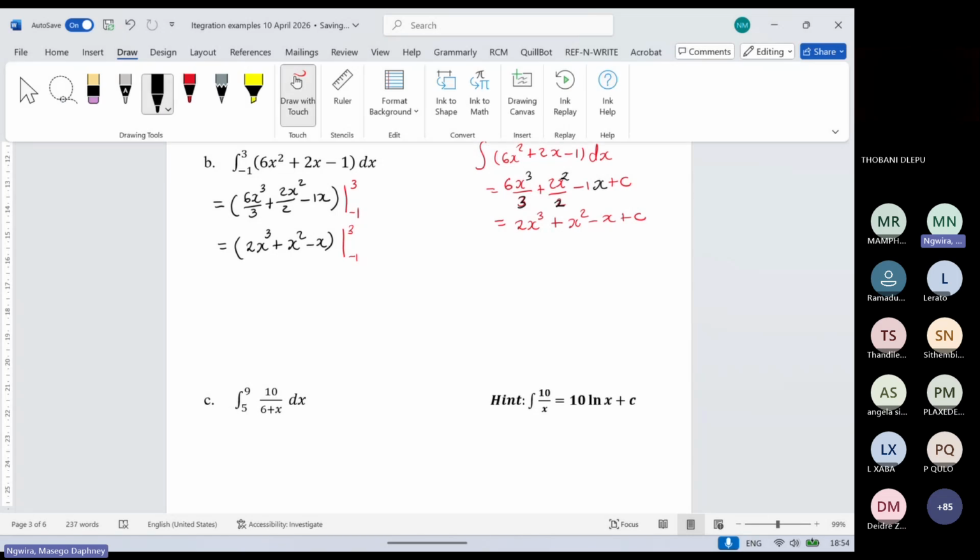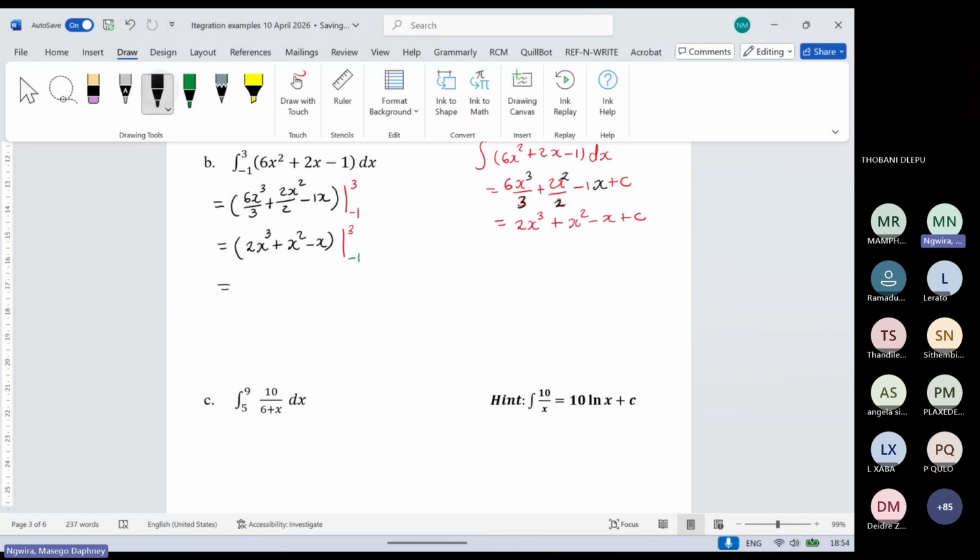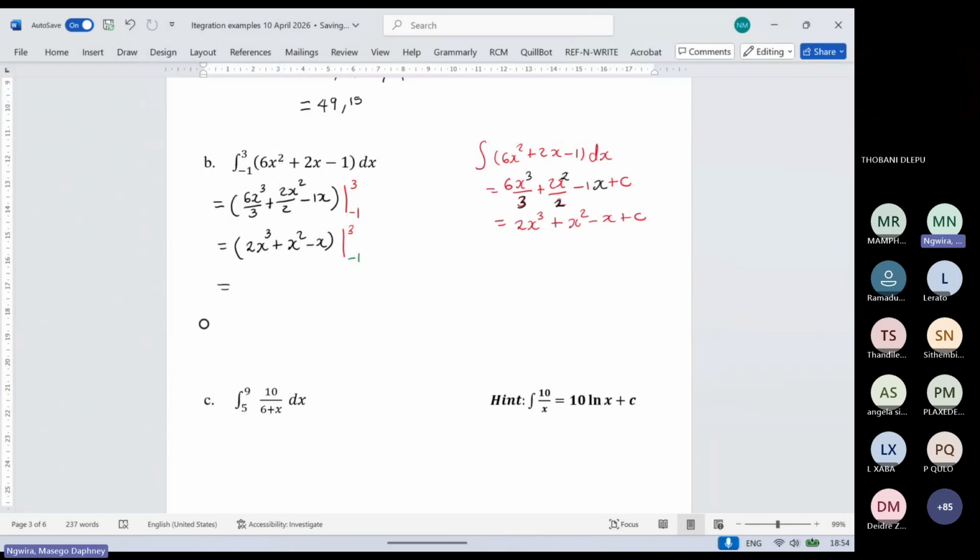Okay, let me use different colors again. This is negative 1, so I'm just going to do this first. In red, this will be 2 times 3 to the power of 3, then plus open bracket 3 to the power of 2, then minus open bracket 3, and then here the square bracket.